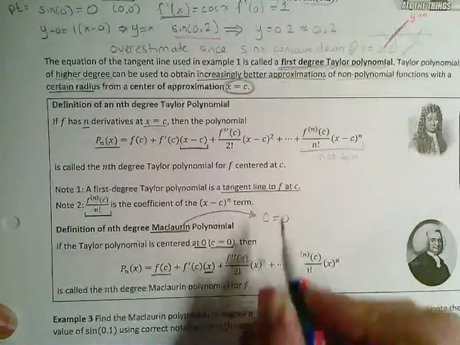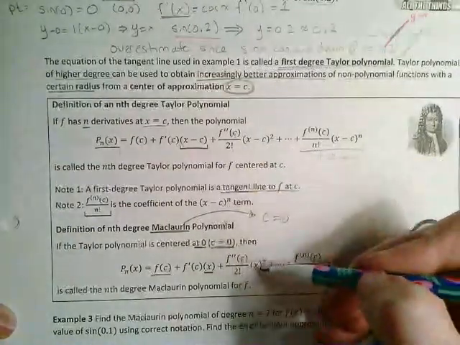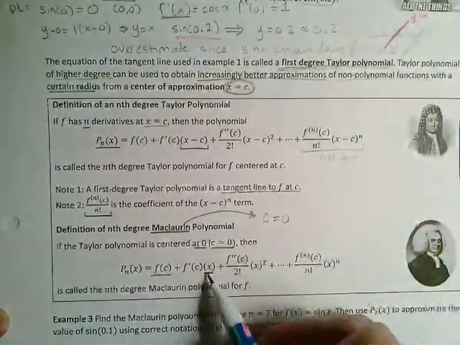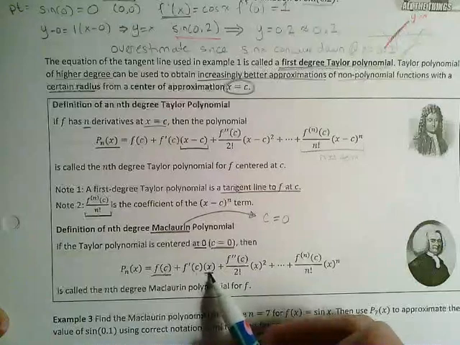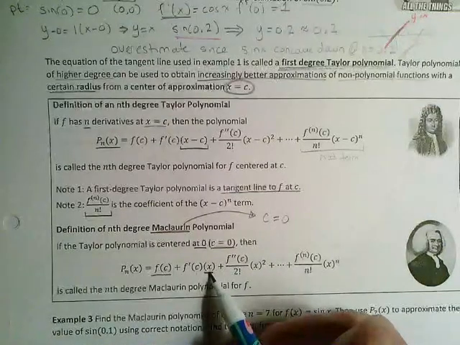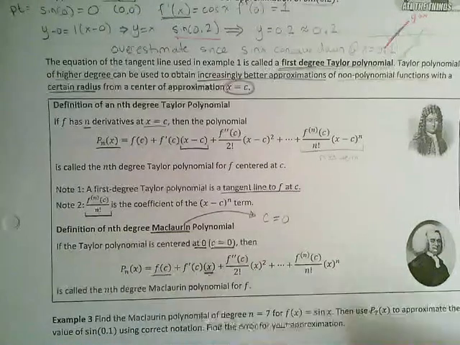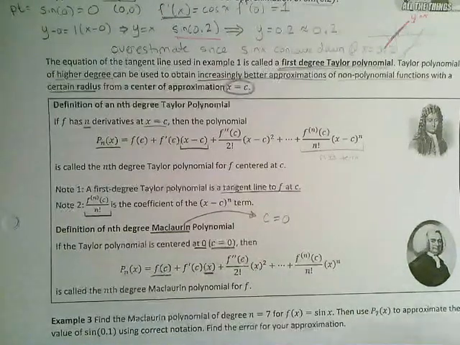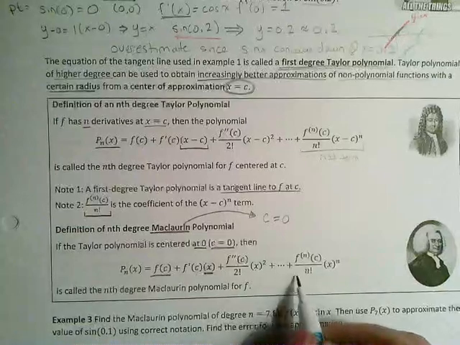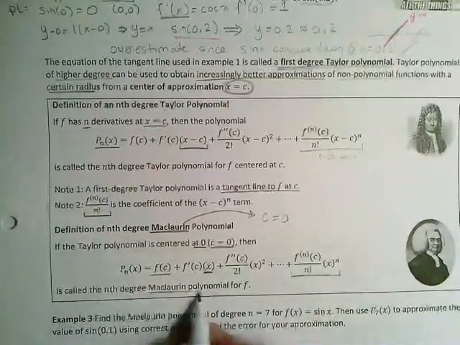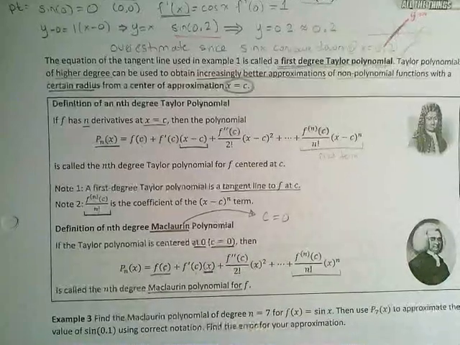So the only difference between this and this is that we don't have to put the c in the x minus c term after the coefficient. We don't have to put x minus 0 every single time. And then this right here is going to be our nth degree Maclaurin polynomial for f.